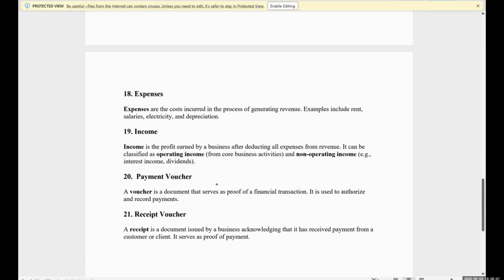Now, if you go to a shopping mall and do shopping, in return he'll give you a bill. What is that bill called? Receipt. That is called a receipt voucher. And next one is payment voucher. Now, have you all understood these terms?